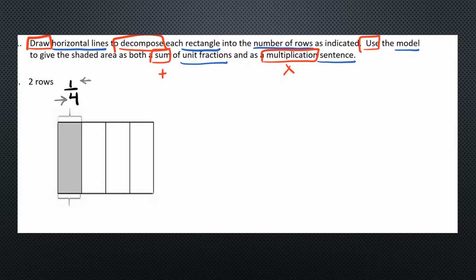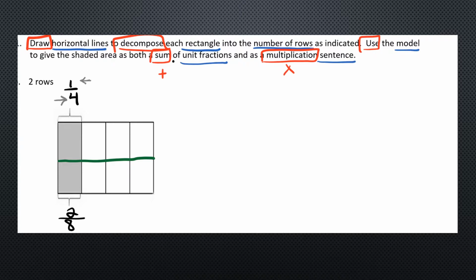In the directions, it said that I needed to draw a horizontal line so that I have 2 rows. To get 2 rows, I draw 1 horizontal line, and that's going to give me a new fraction. Now if I look, I have 8 boxes and I have 2 shaded in. So 1/4 is equivalent to 2/8.